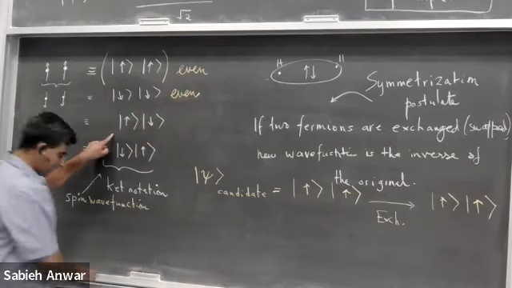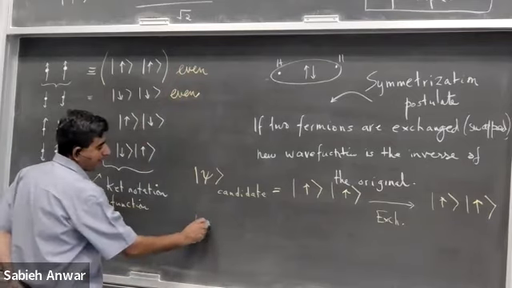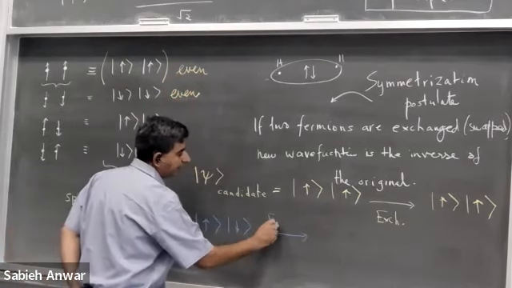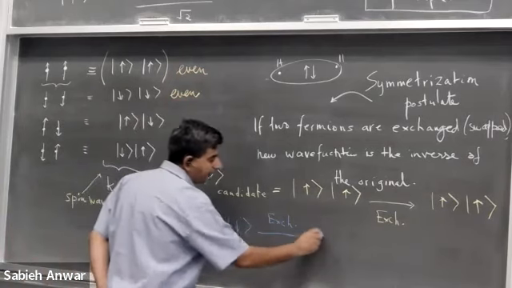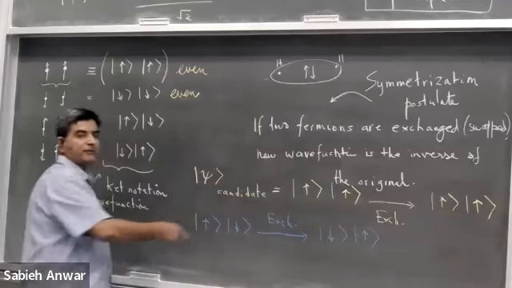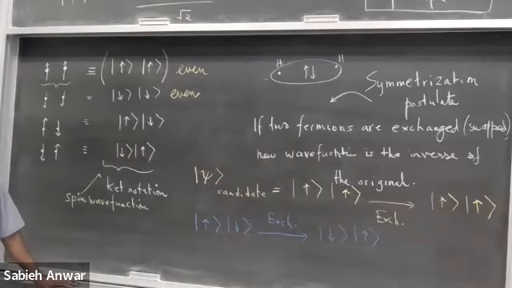Now, if I were to take this wave function up, down, and I would put the exchange operation on this, I would get down, up. But is this the negative of the original? No, it's not. It's a new wave function altogether. It's neither the negative nor the positive of the original.